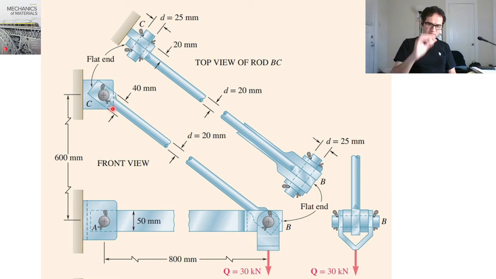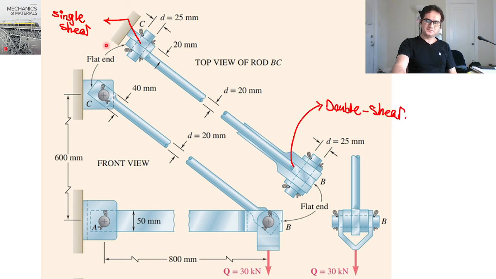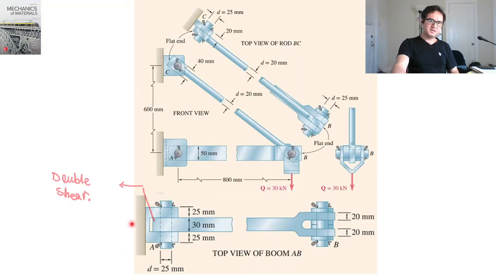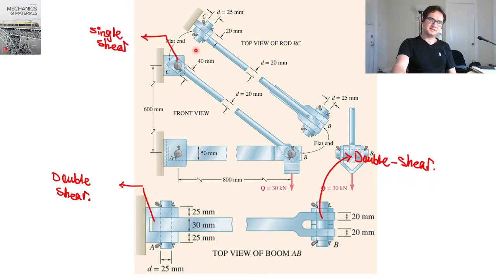This figure shows that pin C is in single shear, pin B is in double shear, and pin A is also in double shear. So A is in double shear, B is also in double shear, and C is in a single shear condition.